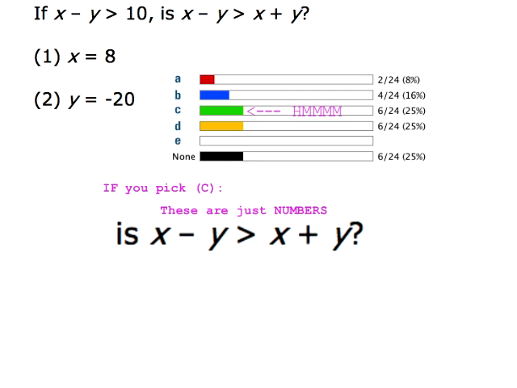So this would just be x minus y, which would be 8 plus 20, 28. And then this would be 8 plus negative 20. All right, two observations here. The first observation is, number one, this is way too easy.